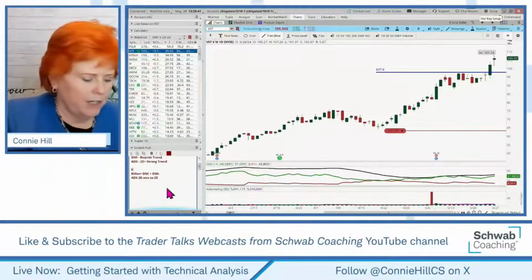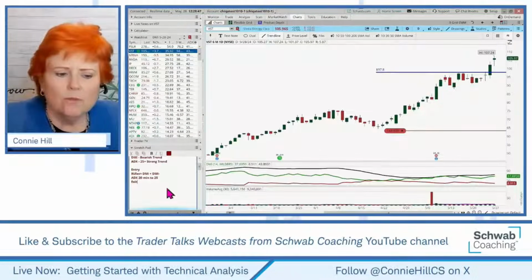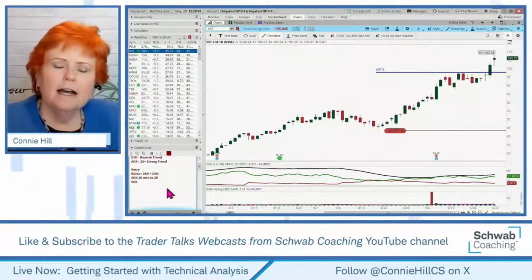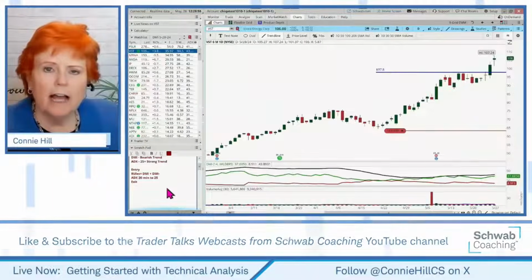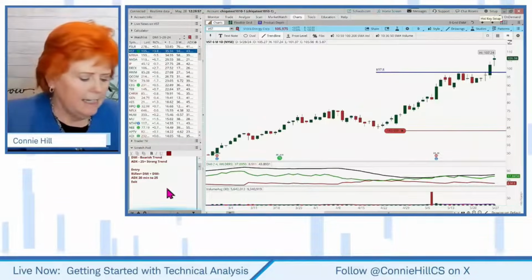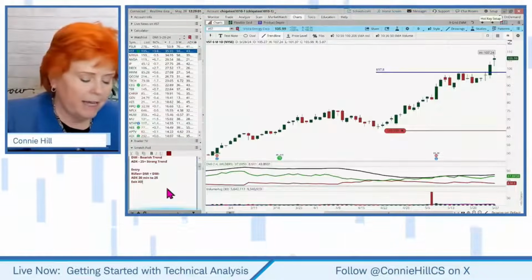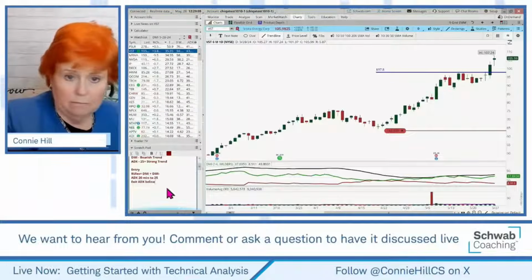In fact, I should have put on here entry, and then exit. The exit rule will be, we're going to take note. We're going to call it a yellow flag if we see ADX below 40 and dropping.